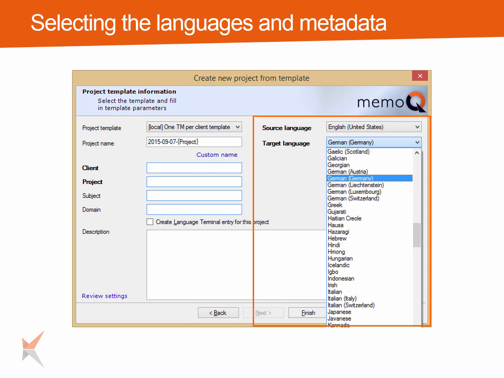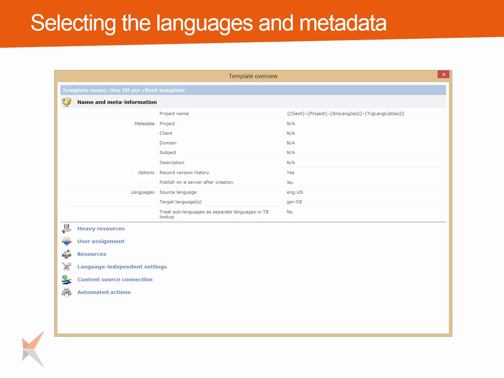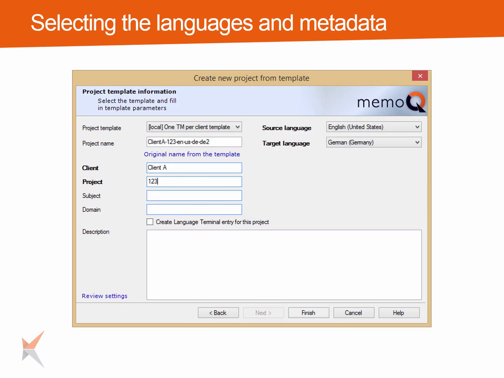Then select the source and target language and any other required fields that are printed in bold. In our example, the fields client and project. If you would like to review the project settings before creating the project, click the Review Settings link. Then click Finish to create the project.